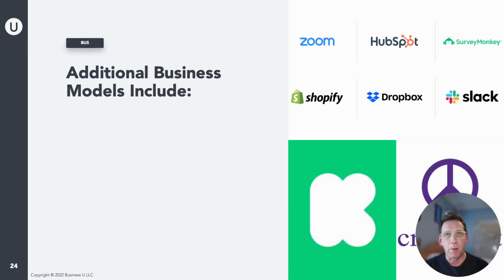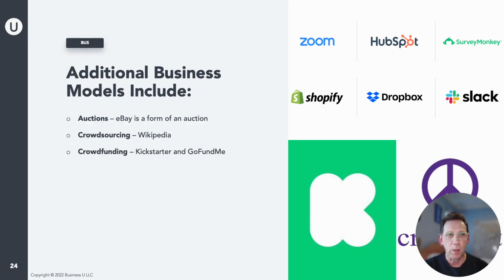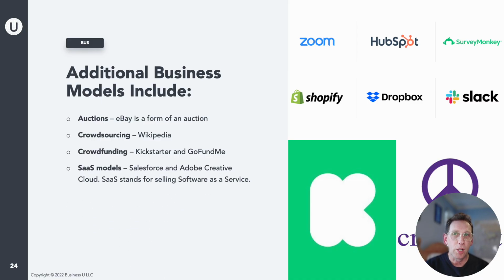Now, here are some additional models. We could go through all of these, but I'm just going to give you a brief overview of some of them. So you've got auctions. eBay is a form of auction. There's crowdsourcing like Wikipedia, where a bunch of people are bringing all the information together. Crowdfunding is like Kickstarter or GoFundMe. And then you've got what's called a SaaS model, like Salesforce or Adobe Creative Services.